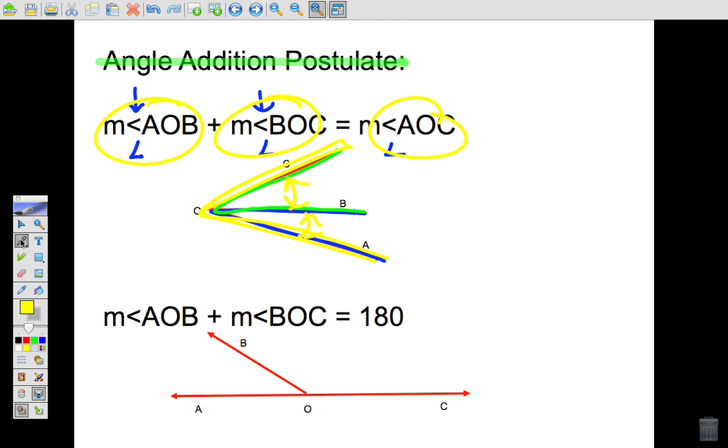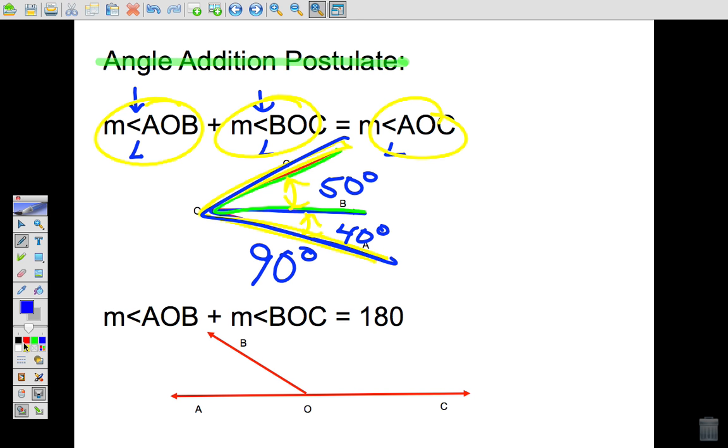Maybe a numerical example would be if angle AOB is 40 degrees, and say BOC is 50 degrees, then they would add up to what? The whole thing, which is 90 degrees. And obviously that's not a good example because that's not a right angle. But you kind of get an idea.